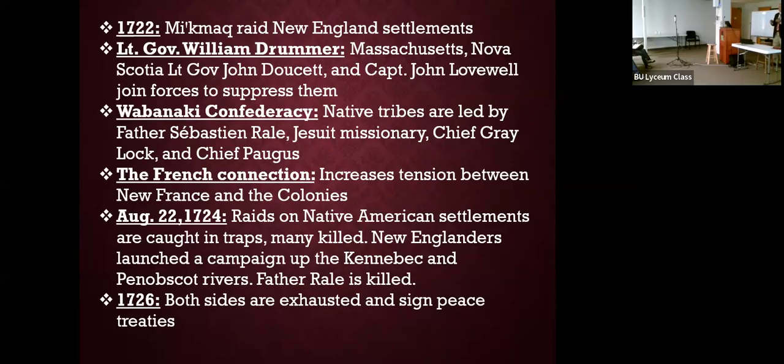Does that grant him particular, we'll call it Geneva Convention-like treatment if he's captured? Well, not only did the Geneva Convention not exist, but the answer is no. So this begins to increase the tensions, not just between New France and the colonies, but also begins to raise the temperature between England and France.